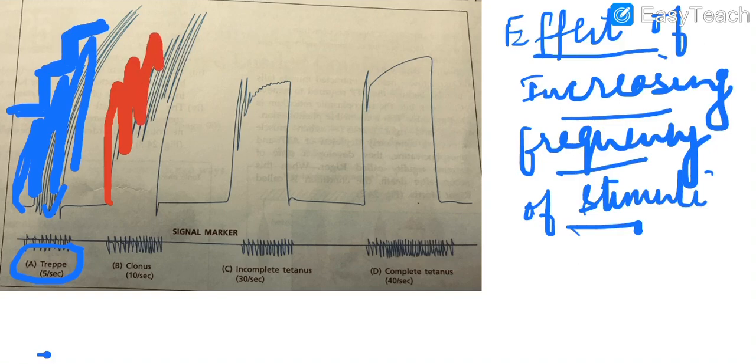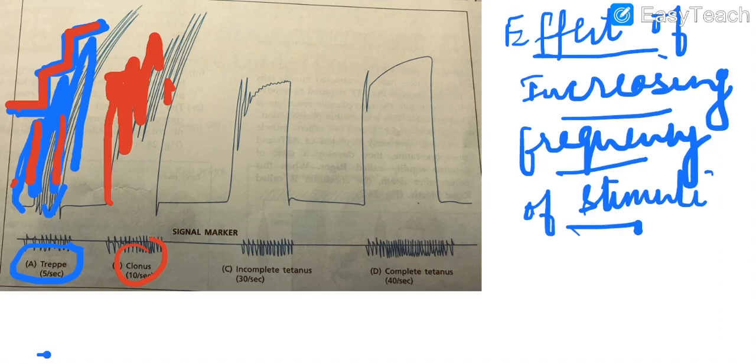So it's almost like the staircase, but staircase was like this way, and in this one, clonus, the duration of the relaxation period is lesser as compared to the Treppe. In the Treppe, say this was the relaxation period. Then in clonus, the relaxation period is lesser than the Treppe one. That's the only difference between the Treppe and the clonus.